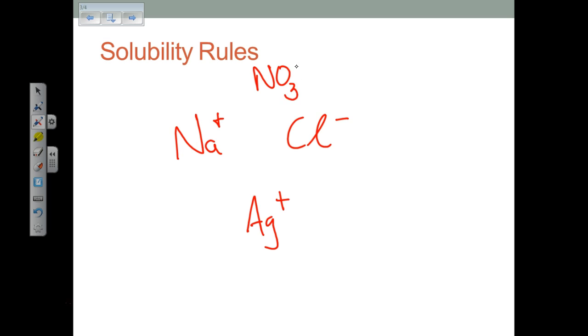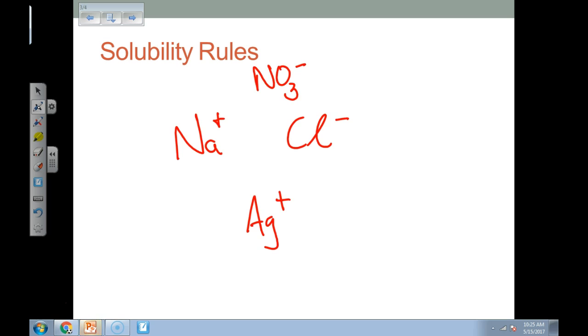So Ag+ and NO3 minus, and so now these things are all floating around in solution and are surrounded by water. Now, the thing that we need to keep in mind is that they still have negative charges and positive charges, and they still may be attracted to each other.